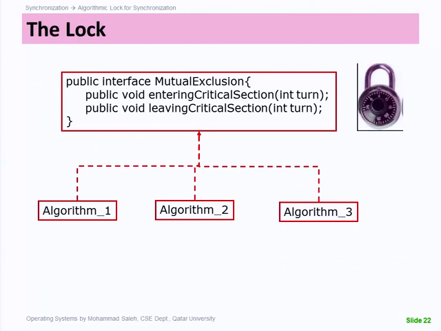We're going to have three different attempts, three different implementations of the lock. These are algorithm 1, algorithm 2, and algorithm 3, so lock 1, lock 2, lock 3. Each one of them must provide an implementation of these methods, entering and leaving the critical section.